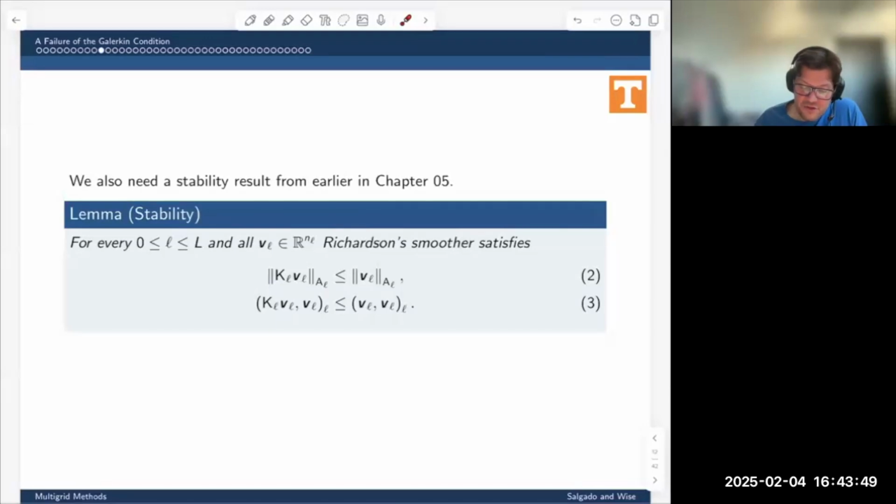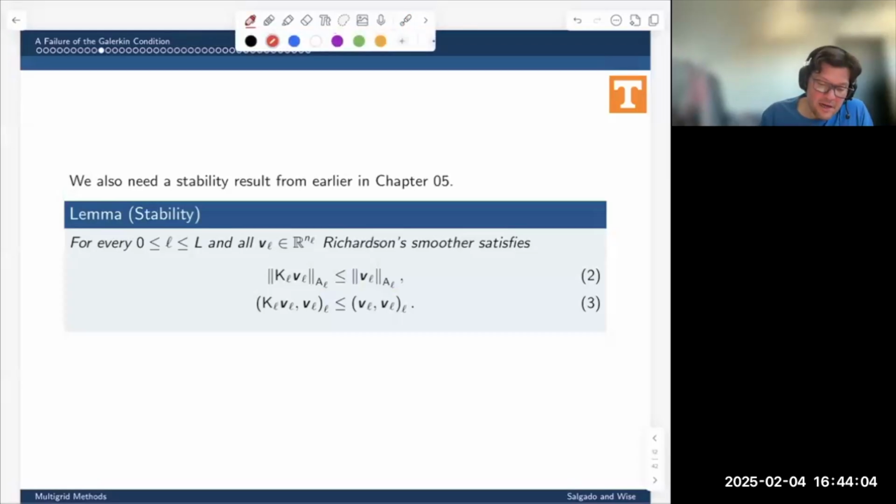In fact, we can show that it's less than the norm of the original vector in the same norm, right? I think you're probably aware of what's going on here.